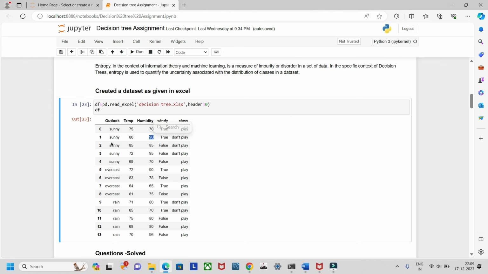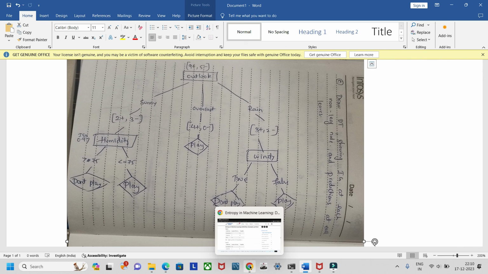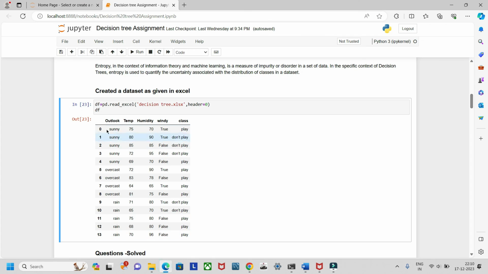In case of sunny, for sunny it is don't play and play. So only sunny, and then humidity greater than 75 is don't play and less than 70 is play.